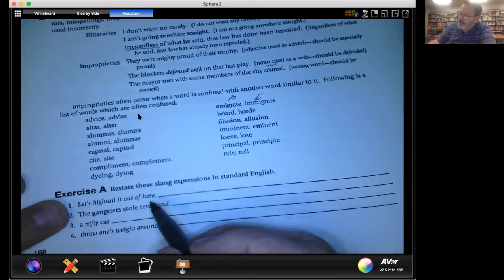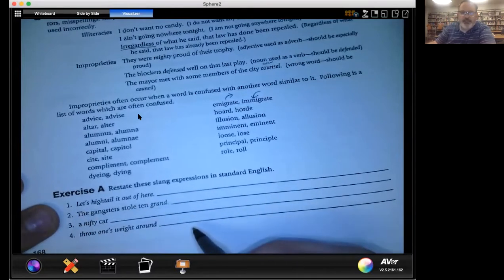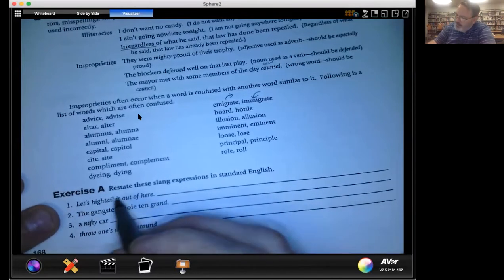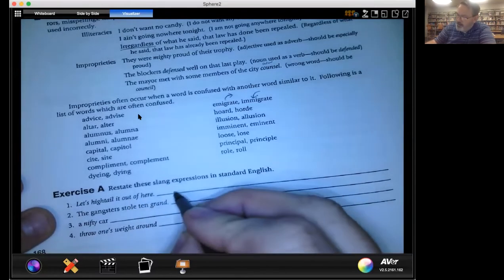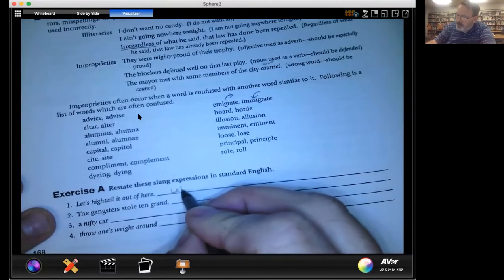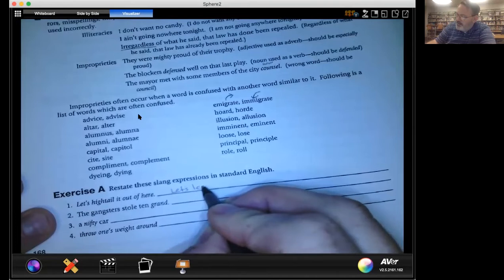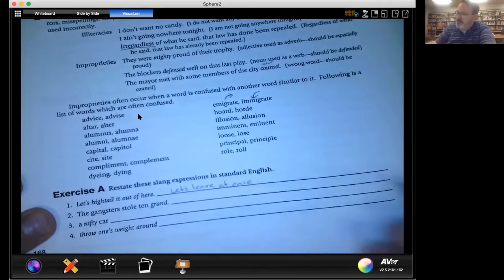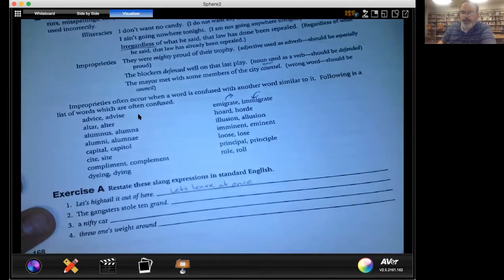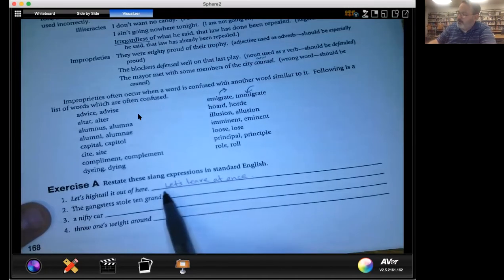All right, well, if I say, let's hightail it out of here, we don't hightail it out of here. It means leave quickly, doesn't it? So let's leave at once. That's very proper, formal English. Okay, let's leave at once.